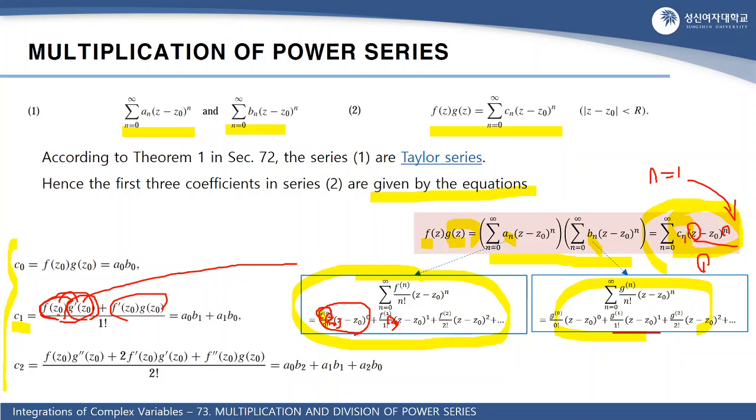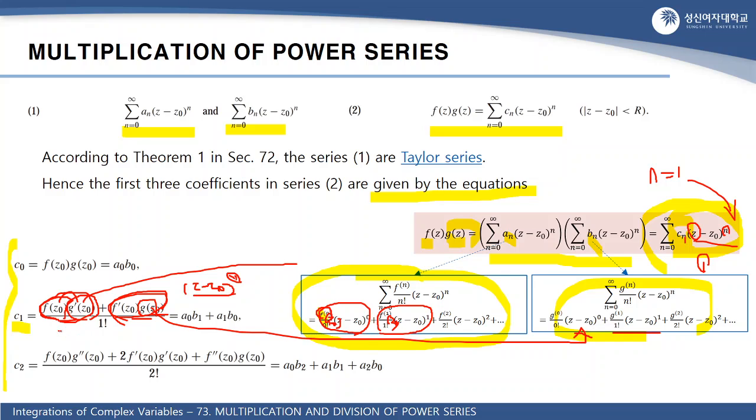The second also comes from the terms of degree 1. f prime(z_0) comes from here, and g(z_0) comes from here. The product is the coefficient of z minus z_0, and the power of n we can omit here.